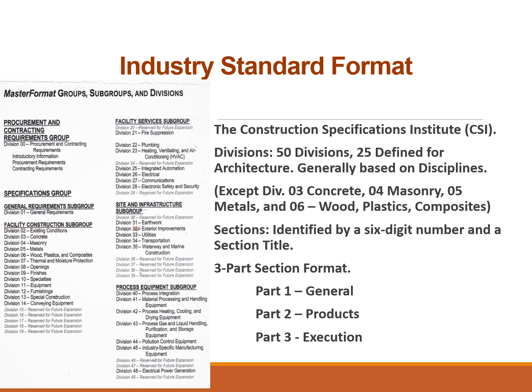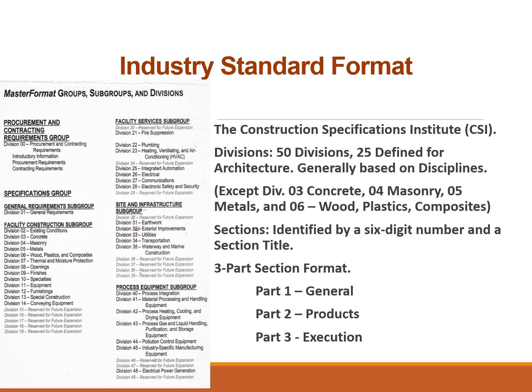Now, as you'll notice, the second, third, fourth, and fifth, the concrete, masonry, metals, wood, plastics, and composites, are actually both the architectural discipline and the structural discipline. So you'll find your structural concrete requirements in division 03, but you also find architectural concrete requirements in division 03. So two disciplines share that one.